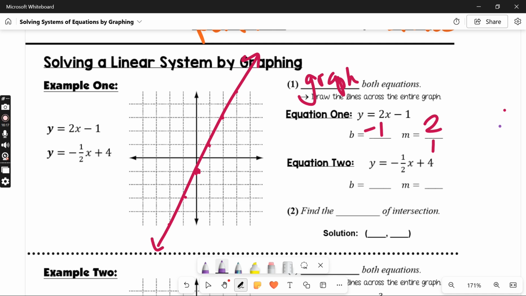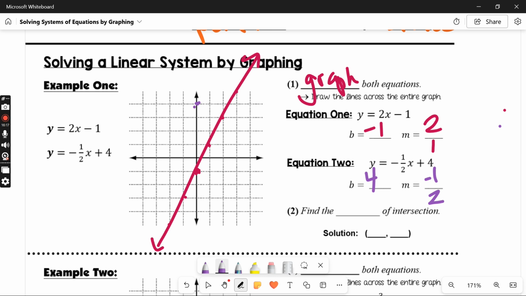Then we're going to graph the second equation. The second equation says negative 1/2 x plus 4. So my y-intercept is 4, and my slope is negative 1 over 2. I'm just putting the negative on the top. My y-intercept is positive 4: 1, 2, 3, 4. Right here.